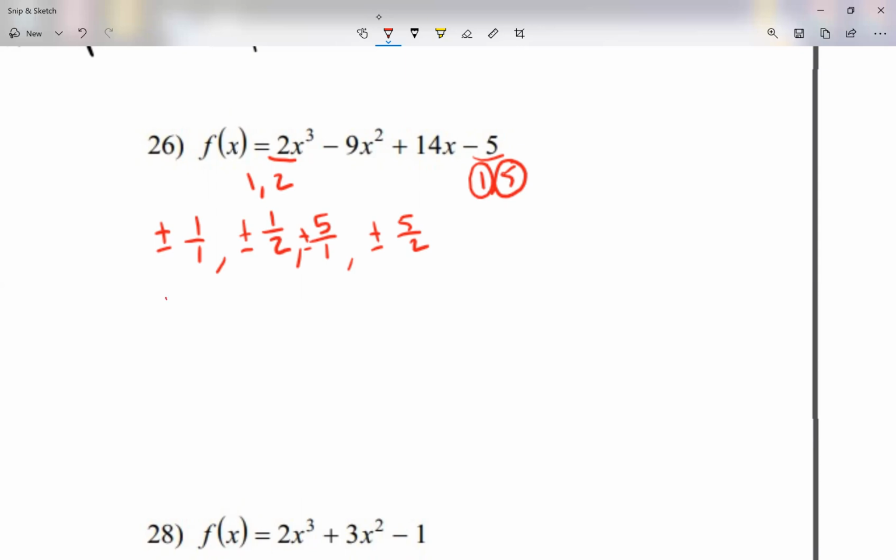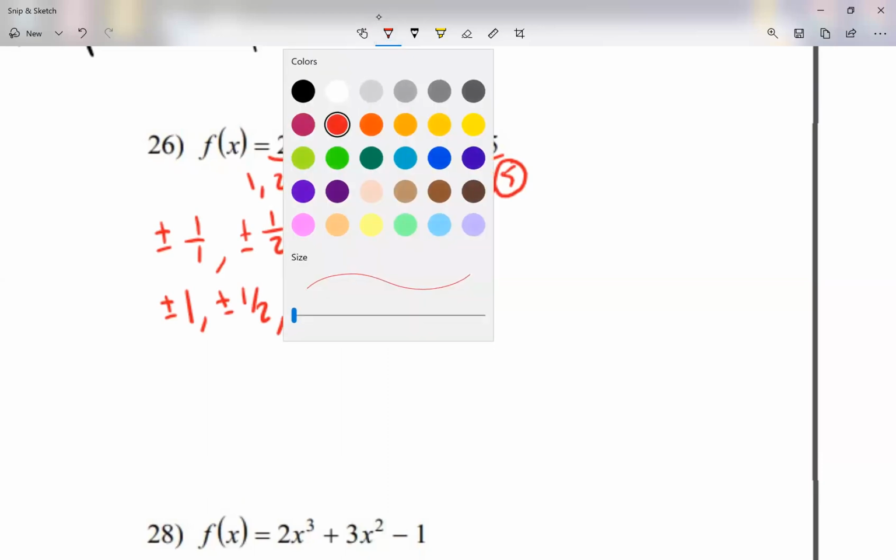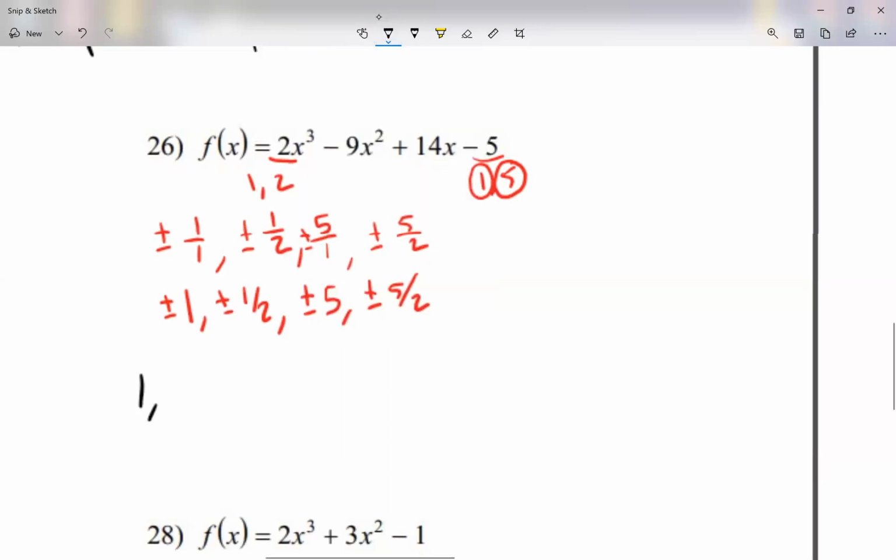Now, basically, plus or minus 1, plus or minus 1/2, plus or minus 5, because 5 over 1 is just 5, plus or minus 5 over 2. So now let me list them all. Let me write the fraction the way you guys will type it.